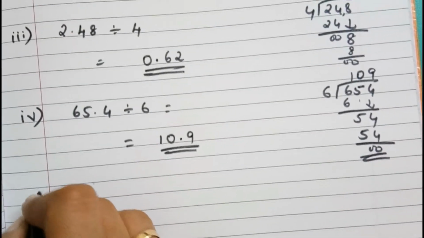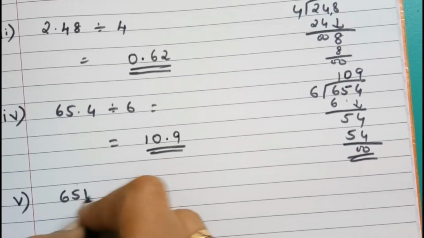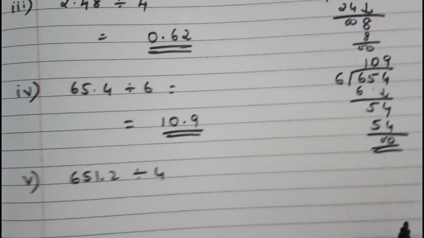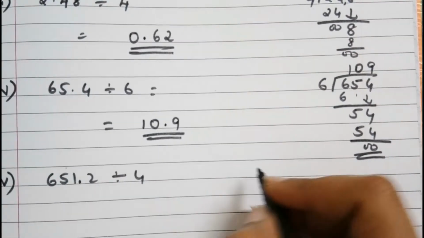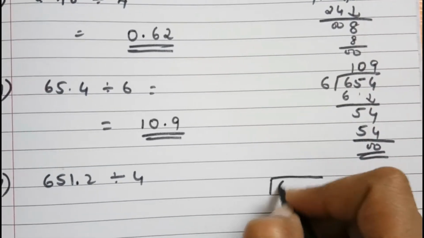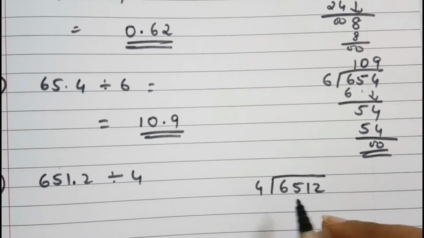Next, moving towards question number 5. Question number 5 says 651.2 divided by 4. So let's see the calculation for this. We'll do a bit little here so that there would be no confusion. 6512 divided by 4.